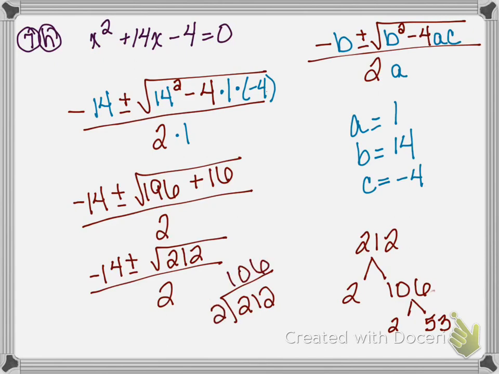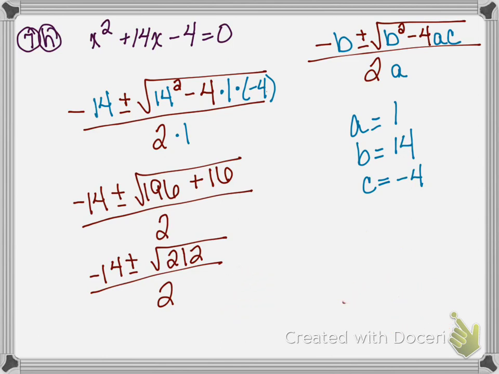And then 106 divided by 2 is going to be 53. Okay. So 212 is 2 and 106. And 106 is 2 and 53.